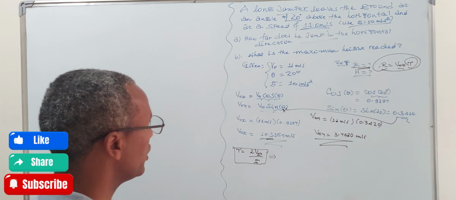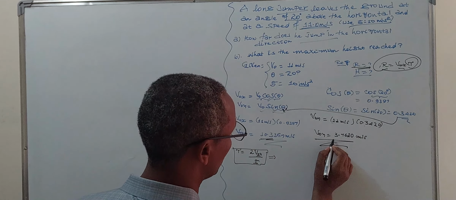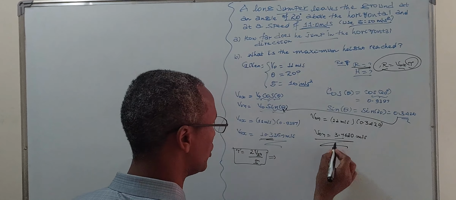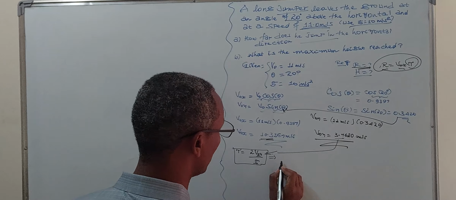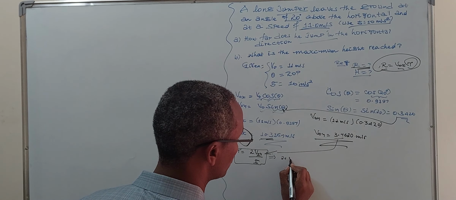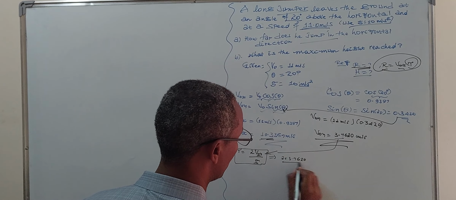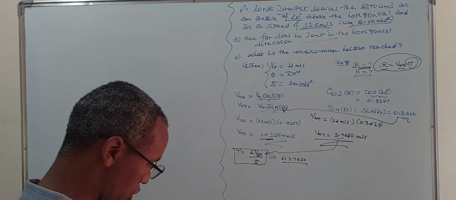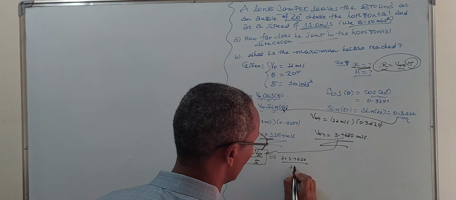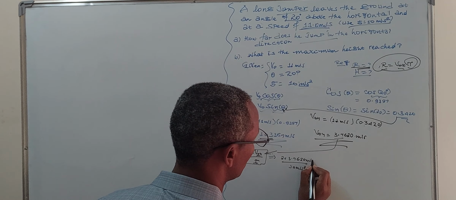From this we do have the vertical component. So you just need to plug it in over here, right? 2 times 3.7652 meters per second upon g, which is 10 meters per second squared.